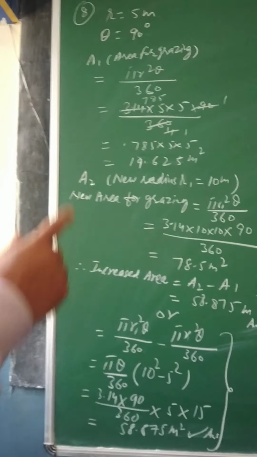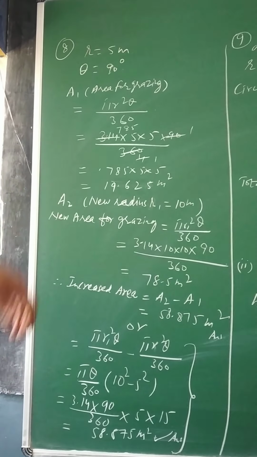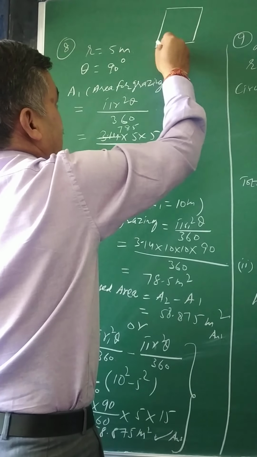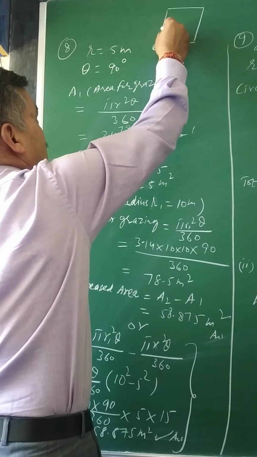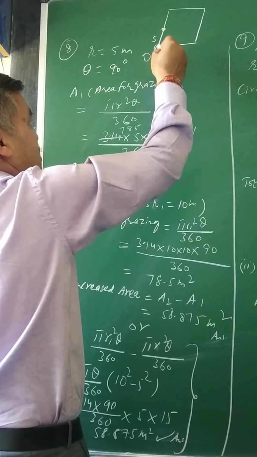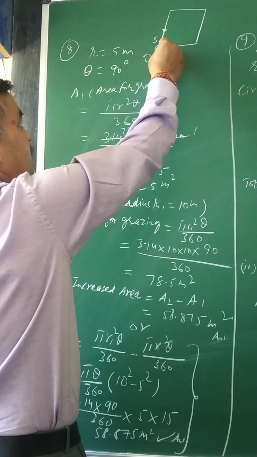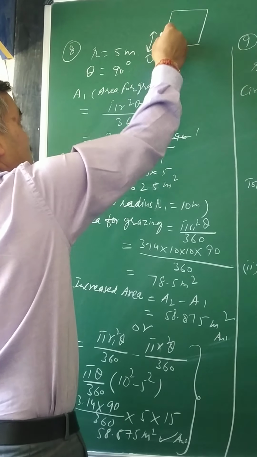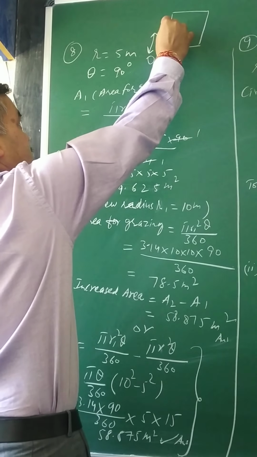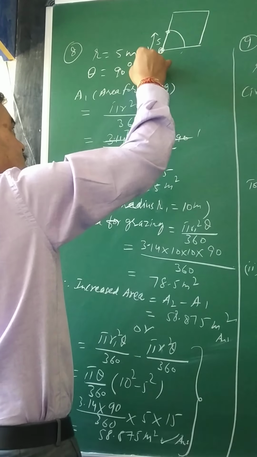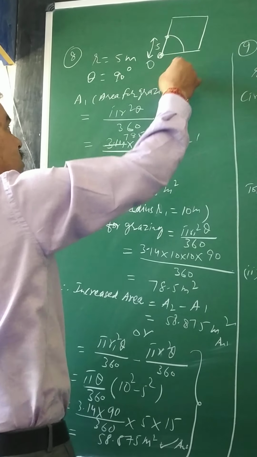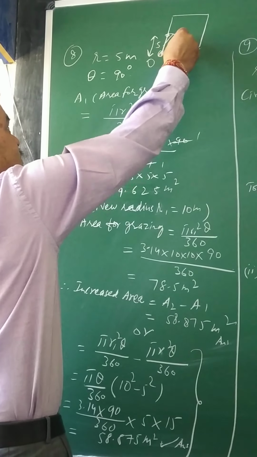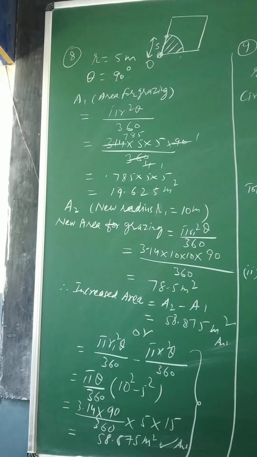So first of all, try to understand and draw a rough sketch. A square field is given, and at one of the corners the horse is tied to a 5 meter long rope. Suppose this is the point where the horse is tied, and this is the length of the rope. I am taking 5 meter. Now this is a single fixed point. The horse will graze the maximum area around this one fixed point, because the horse is tied to a single point, and inside the square field this much area can be grazed by the horse.